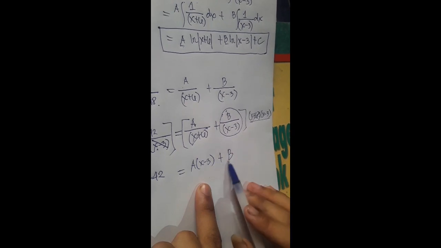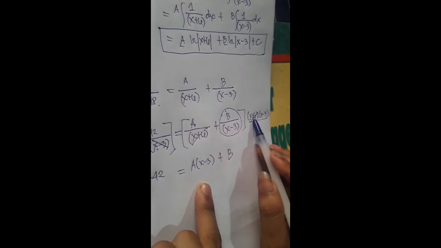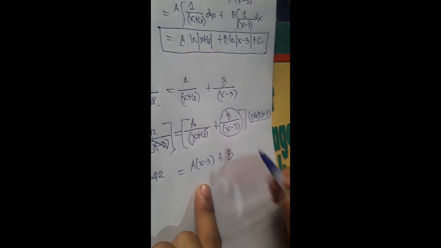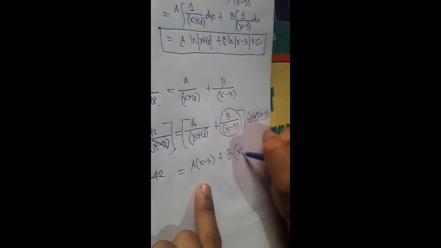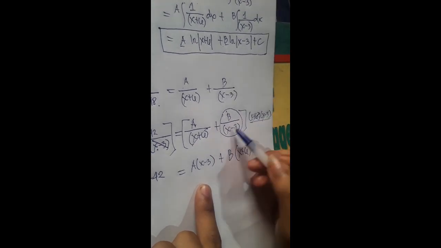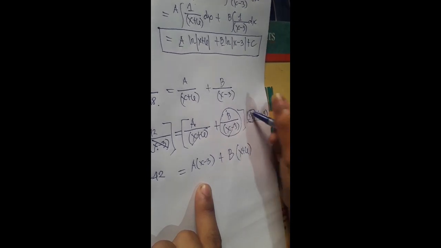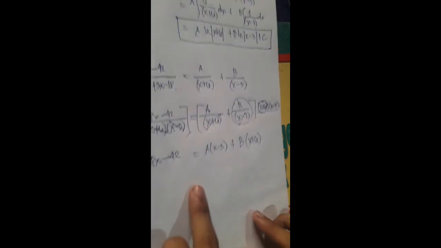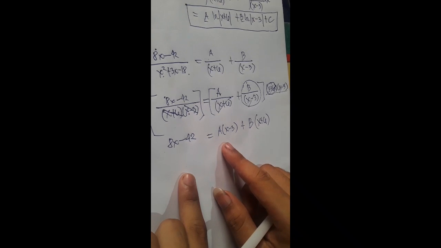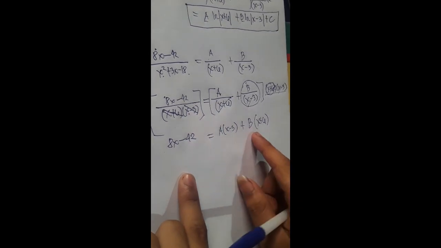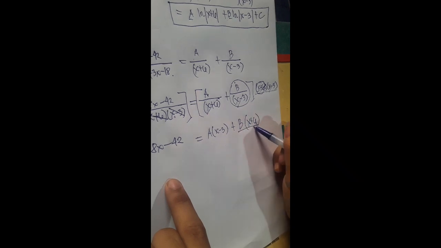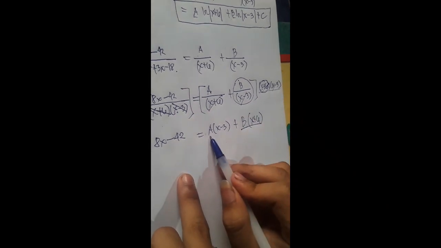For b, if we distribute x plus 6 times x minus 3, the x minus 3 will be cancelled and the remaining value is x plus 6. And now we can apply this one to substitute the value of x, in order to eliminate this part b and get the value of a.